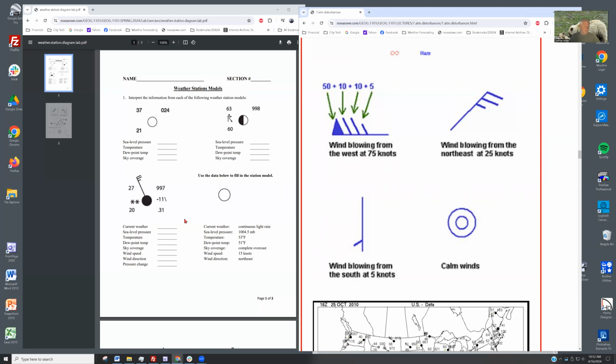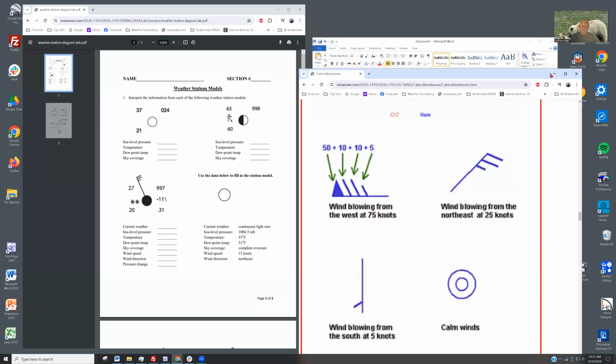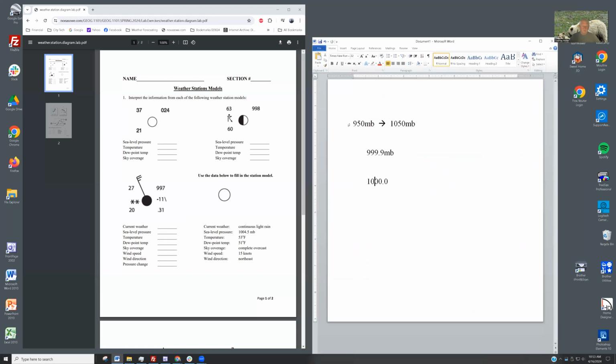Okay. In the 3 o'clock position, we have the change in barometric pressure over the last 3 hours. So let me just clear this out of the way and wipe this clear. Say we have -1, 1, and then a symbol after that.